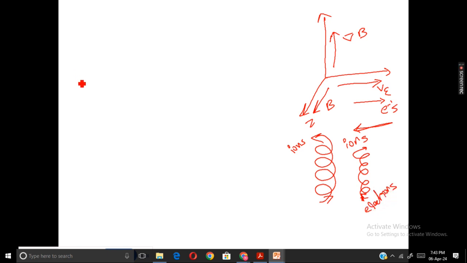But there was no charge separation or anything happening in case of a homogeneous magnetic field. When the magnetic field becomes non-uniform or inhomogeneous, the drift velocity comes into the picture. And as we can see, the electrons and ions are moving in opposite directions.